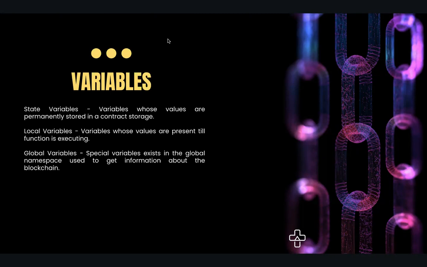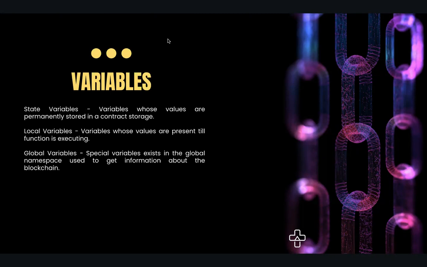So I think we have three kinds of variables. We have the state variable, we have the local variable, and we have the global variable.